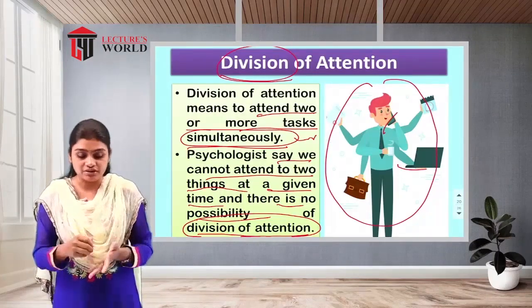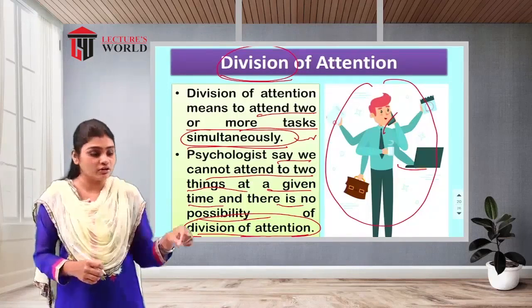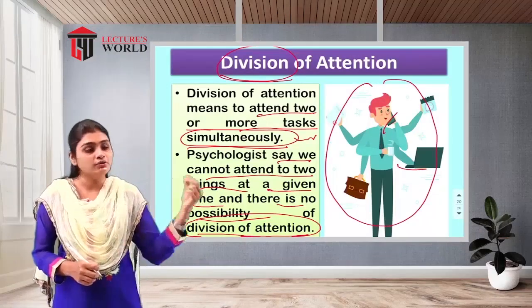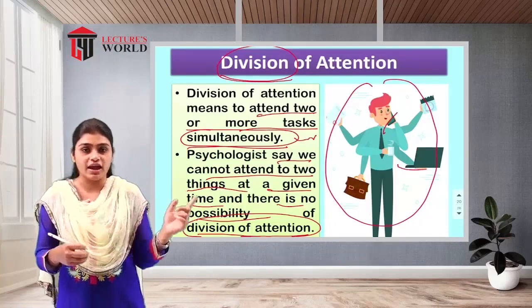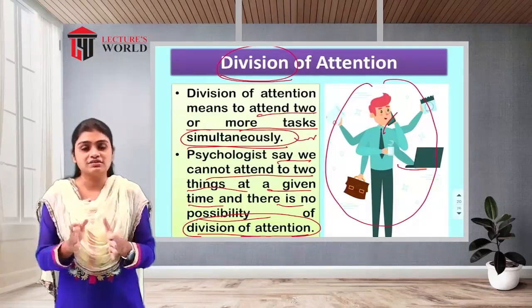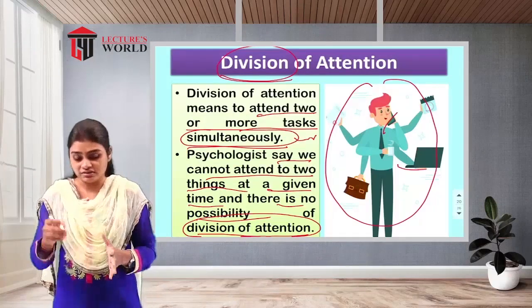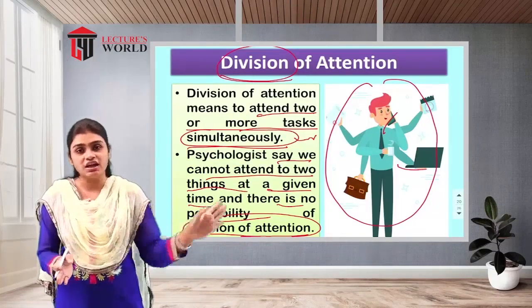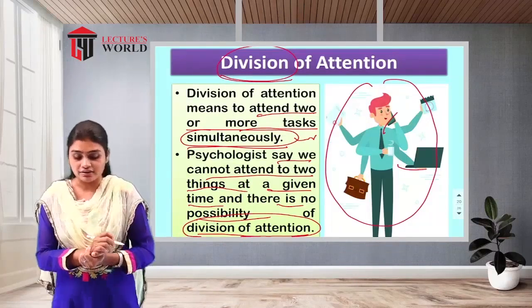For example, right now if I am teaching, at the same time I cannot talk on the cell phone or write something or do any other activities. If I do another activity, then my attention will go from this teaching to somewhere else. So this division is not possible. When we do this type of thing, one activity will be disturbed and our focus will shift to the other activity. So that is called your division of attention.